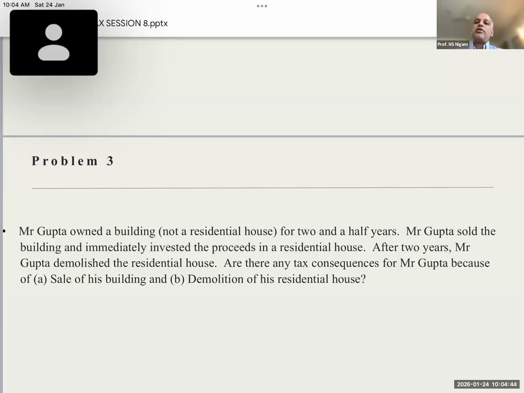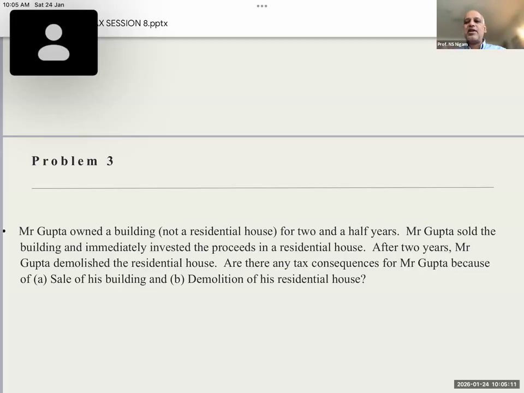In solving this problem, I want you to take a look at section 54F, clause 1. So 54 has a number of clauses. I want you to take a look at section 54F, clause 1, and then section 54F, clause 3.